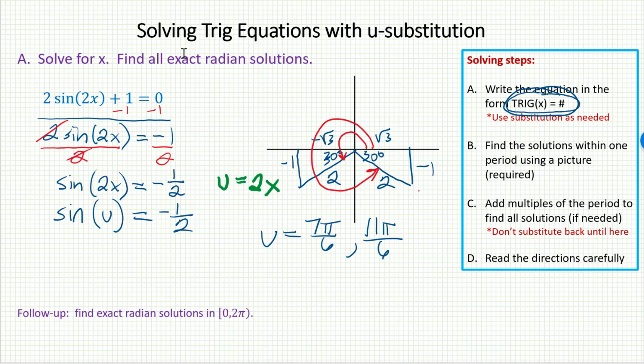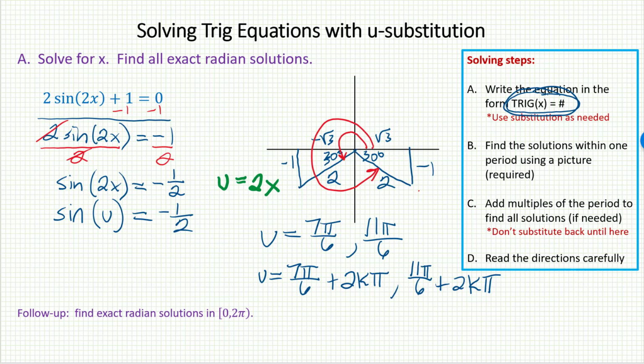Now, we want all the solutions, so I will go ahead and move into step C. And we know that's pretty easy. I just take each solution and add on a multiple of the period, a multiple of 2 pi. But this is the point where I have to remember that u was something I made up. There was no u in this problem. I want to solve this equation for x. And so at this moment, I will take my answers for u and I will substitute back for x.